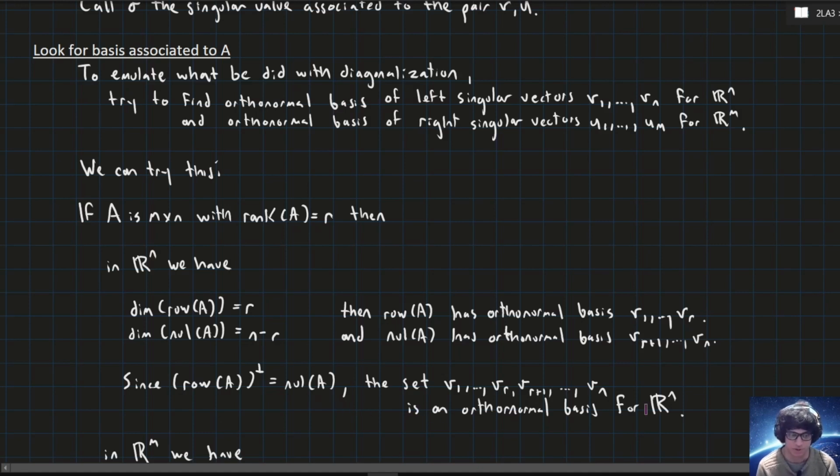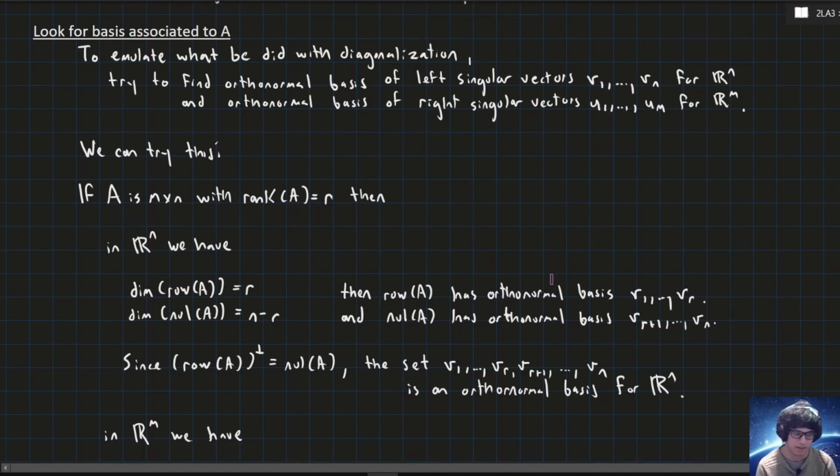All of these vectors will be orthogonal to all these vectors, and altogether they will be orthogonal, independent, and of unit length, and so they will be an orthonormal basis for Rn. So that's one way to think about how we can split up the orthonormal basis for Rn.